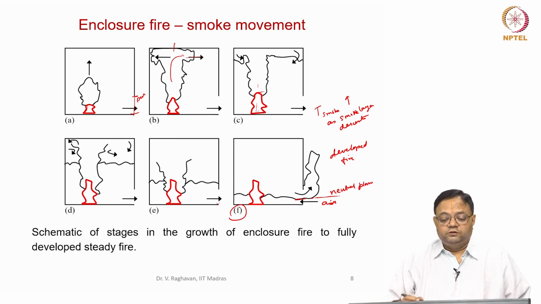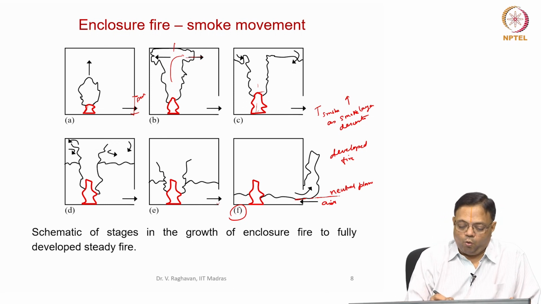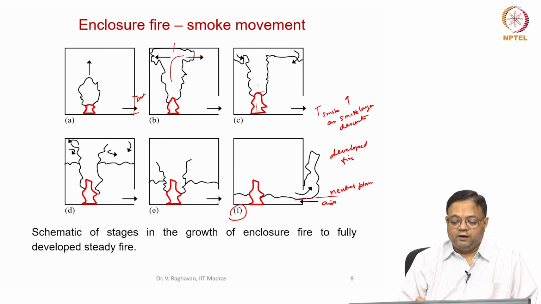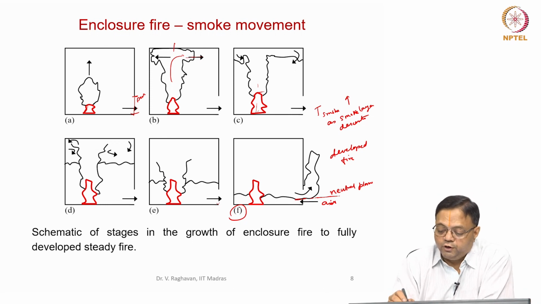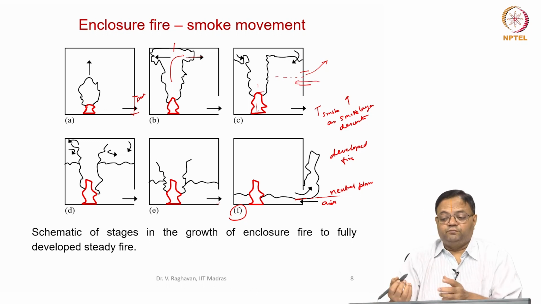So these are the stages. Based upon the location of the vent or the opening, you will see different dynamics. Suppose if there is a window in this stage here, then the smoke can go out of the window basically. It need not descend down so much. After it comes to a particular position, it may go out like this and the air can come in like this, etc. That is possible.